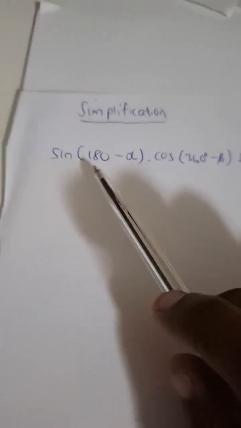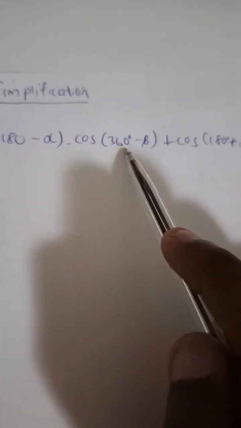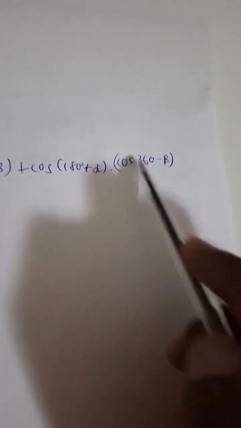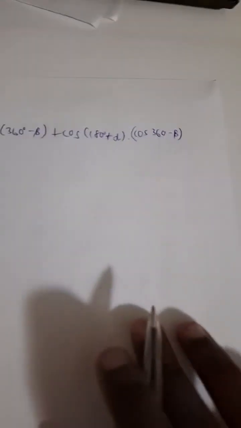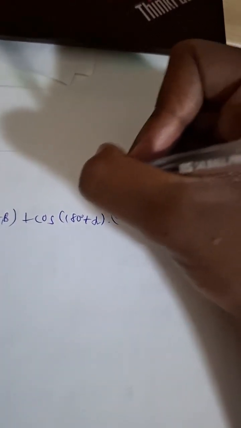So in this simplification question, we are asked sine of 180 minus alpha times cos of 360 minus beta plus cos of 180 plus alpha and cos of 360 minus beta. The strategy that we apply is still the same: 1, 2, 3.